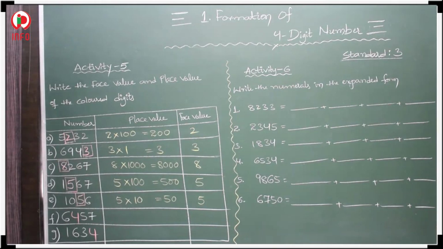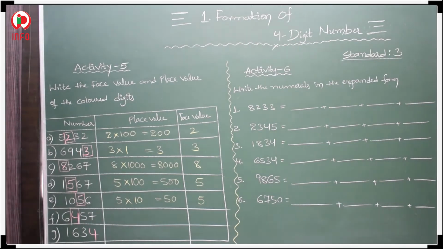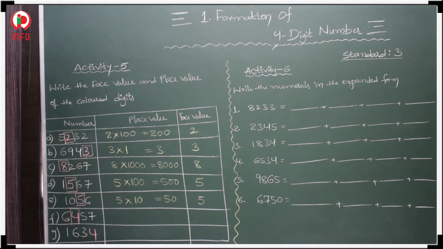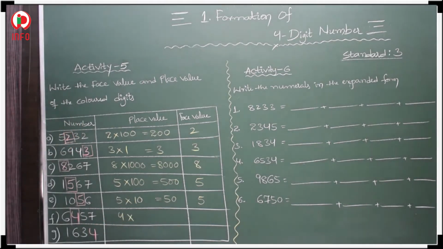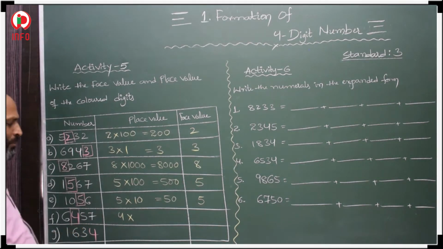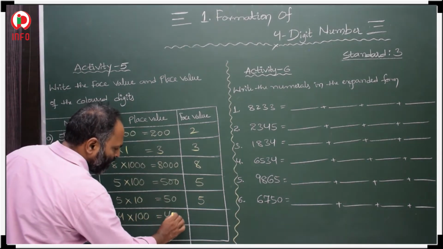Next, the color digit is 4. We take 4 first and then check in which place it is. Ones, tens, 100. We multiply with 100. 4 into 100 is 400.